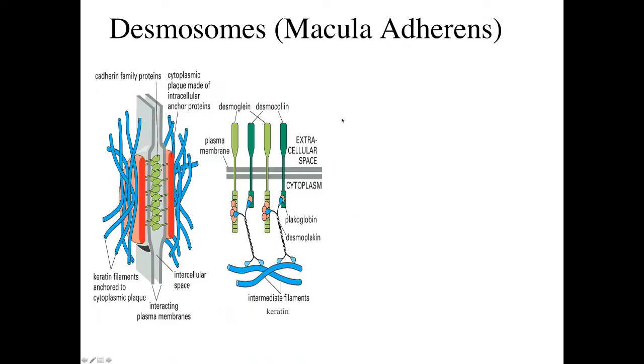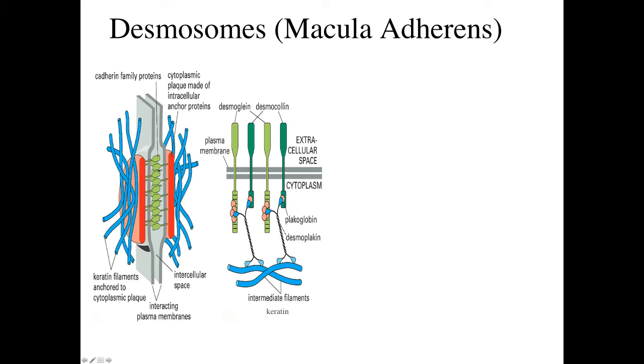Desmosomes, or macula adherens, are diagrammatically shown here, interacting with keratin in the cytoskeleton. They have very characteristic electron-dense protein plaques, and then these intercellular proteins between the cells like desmoglein and desmocollin are integral membrane proteins spanning the membrane, binding to similar integral membrane proteins on an adjacent cell.